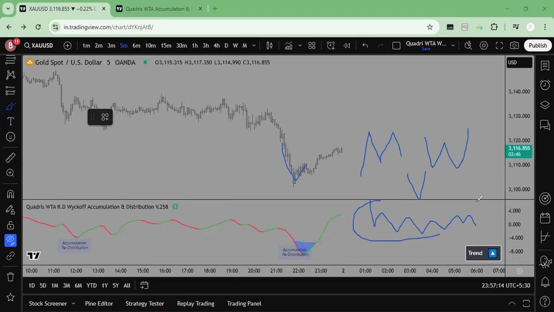So how would you assess this? This is an advanced tool with very statistical and mathematical formulas put into it to identify the clear accumulation and distribution areas, or price levels, or price band.